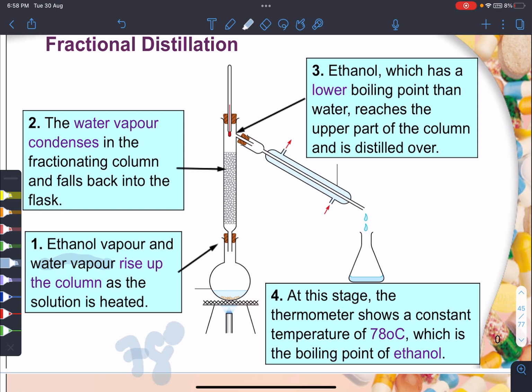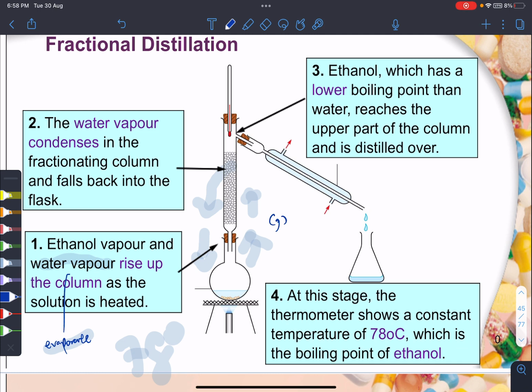Water is not supposed to boil, but it can evaporate, because evaporation takes place at any temperature. It will try to go up, but because of this surface area, it will go down.